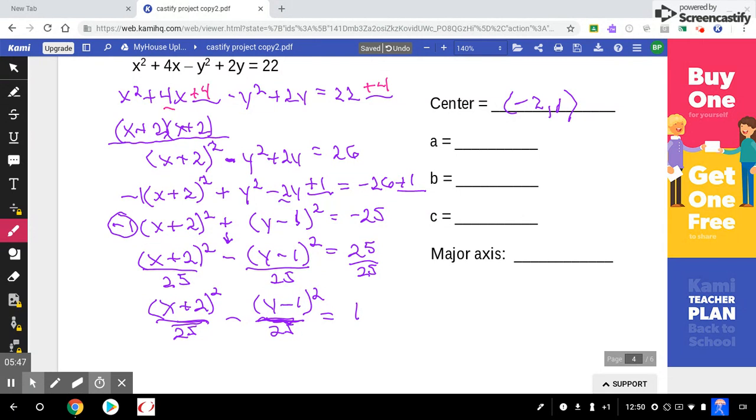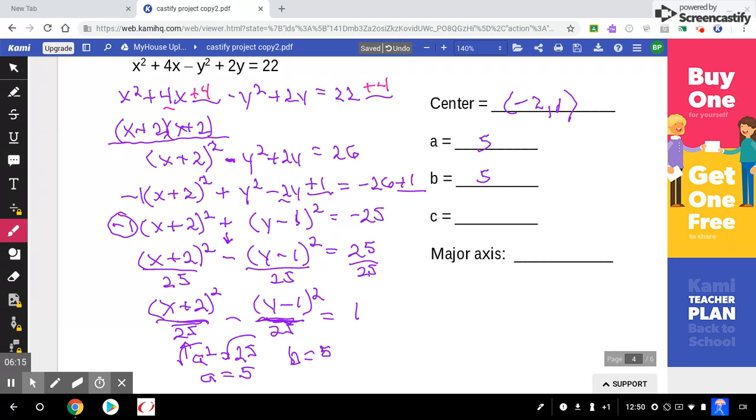So as far as A and B and C goes, well, A squared is always the first guy. So if A squared is 25, I can square root both sides, and I know A is 5. I'm not going to torture you with the B squared portion because, hey, that guy's 25 as well. So we know B is going to be 5. So I get a 5 for A, and I get a 5 for B.